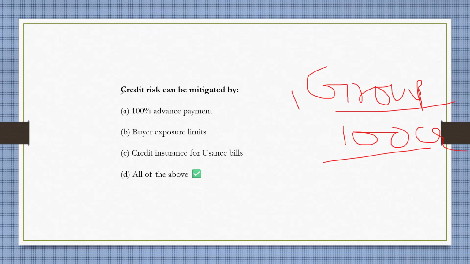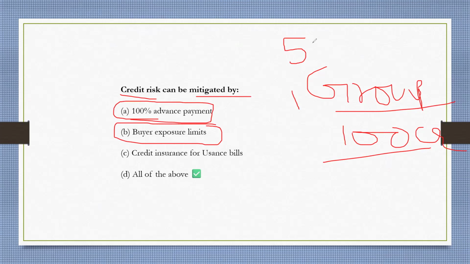In the same way, for credit risk mitigation, the exporter can get 100% advance payment. He can have a buyer exposure limit. So whosoever is the buyer, they can say that we will not make the exposure limit more than 50 crore to a single buyer. Okay, so then they can mitigate. Credit insurance for usance bill.